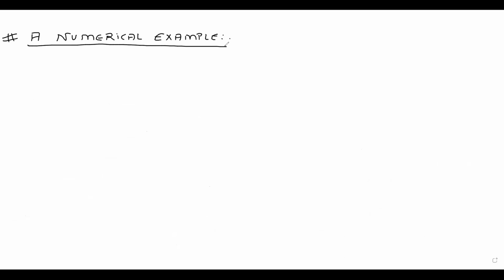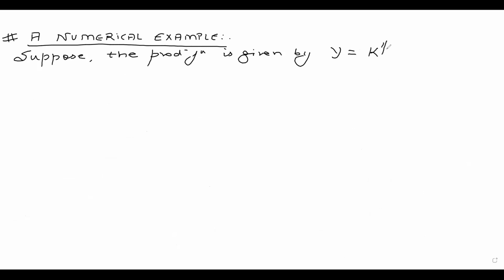Suppose the production function is given by y is equal to k to the power half L to the power half. Suppose, guys, this is the production function given to us.